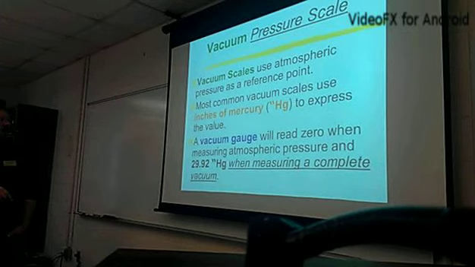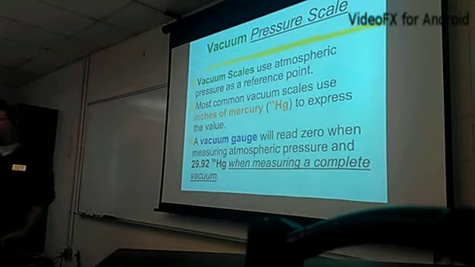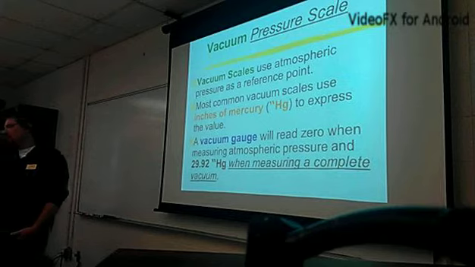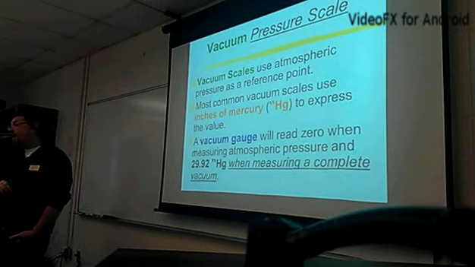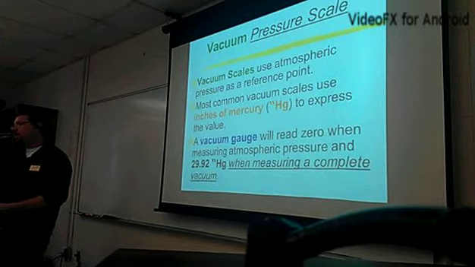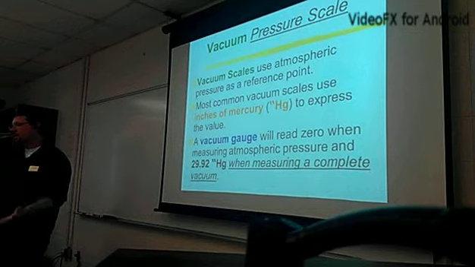Complete vacuum is 29.92 inches of mercury when measuring a complete vacuum. Basically, don't ask me, it was figured out by a scientist in the 1600s. I'm trying to remember his name, but anyway, they had 1 inch of mercury in a certain size glass tube, and then they just said, well, when we pull a vacuum, how many inches does it rise? That's all that says.